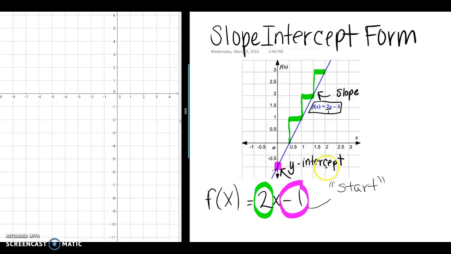So, y-intercept, that is exactly what it sounds like. In football, you've heard of the word interception. Now, an interception is where the ball meets a player of the opposite team. So basically when they catch it.